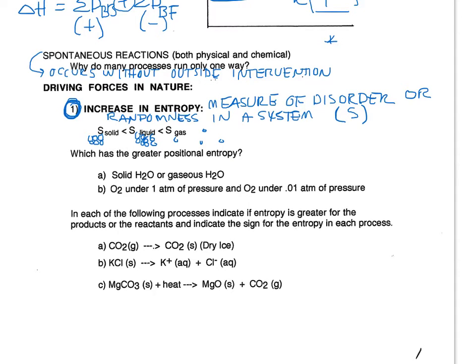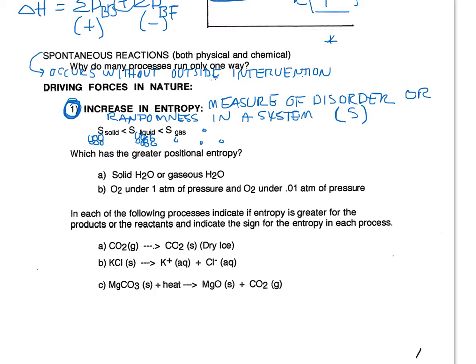The second driving force in nature, if you want to flip to the second page, is a decrease in energy. So we'll talk about those two driving forces in nature. And I have already defined what entropy is. It is a measure of disorder or randomness in a system.